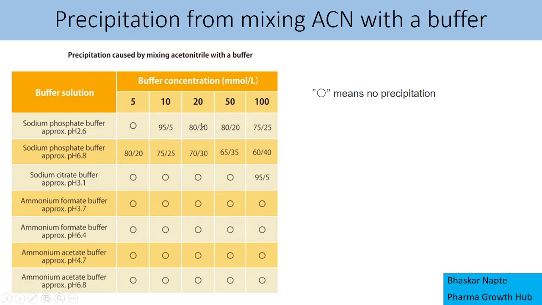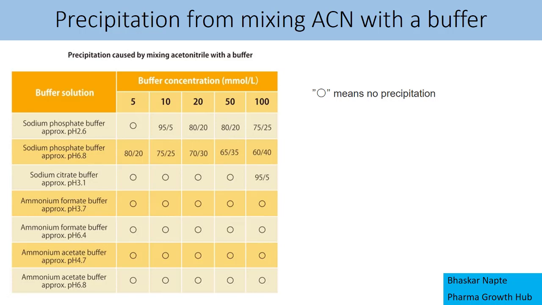Similarly, with 20 millimolar sodium phosphate buffer solution, you will start seeing precipitation at 80 parts of ACN, and obviously the 20 parts will be your buffer salt solution. Similarly, if you are preparing a 50 millimolar concentration of sodium phosphate buffer, precipitation of salt will happen with 80 parts of ACN and 20 parts of buffer.